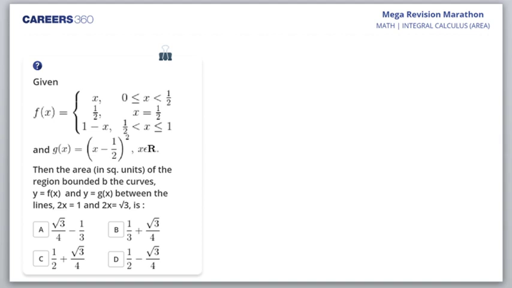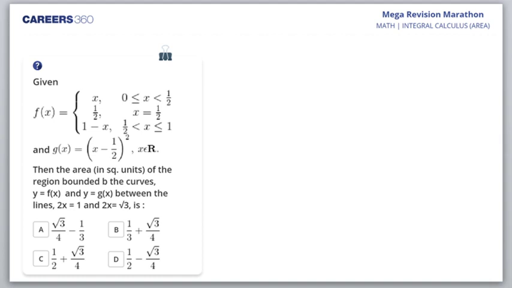Okay, what is the question? Given the function is a piecewise function, it is equal to x in the interval 0 to half. It's equal to half at half, and 1 minus x between half and 1. And the function g(x) is an upward parabola.